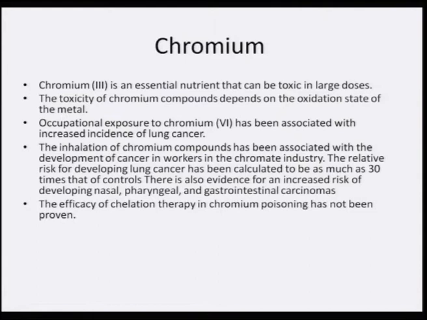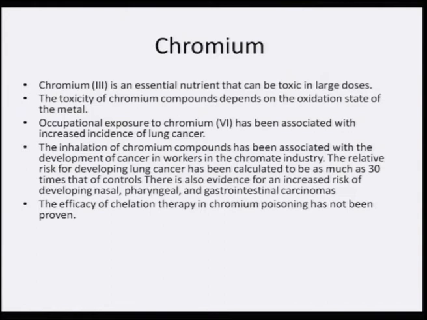Chromium. Chromium 3 is an essential nutrient that is not toxic unless it is in large doses. The toxicity of chromium compounds depends on the oxidation state of the metal. Occupational exposure to chromium 6 has been associated with increased incidence of lung cancer. The inhalation of chromium compounds has been associated with the development of cancer in workers in the chromate industry.